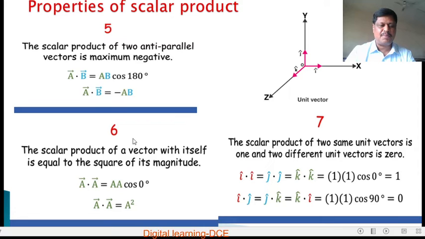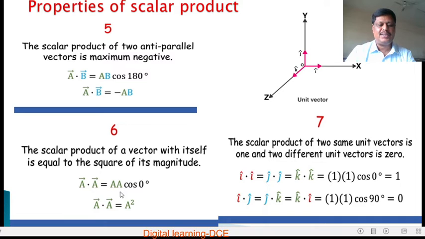The sixth property is that the scalar product of a vector with itself is equal to the square of its magnitude. Here, the scalar product of a vector with itself means vector A multiplied with vector A itself.